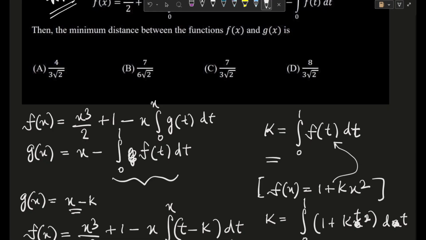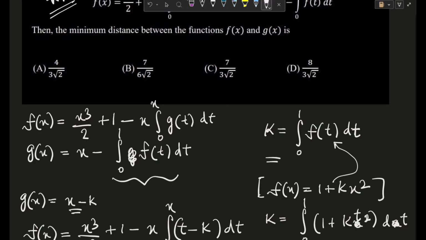We can take any general point on the curve f of x, then use the perpendicular distance of a point from a line, for which we know the formula from straight lines. If we minimize that expression, we get our desired result. Whatever value of the variable we get after minimizing, we put into the expression and get the minimum distance we need. So let's go on to it.